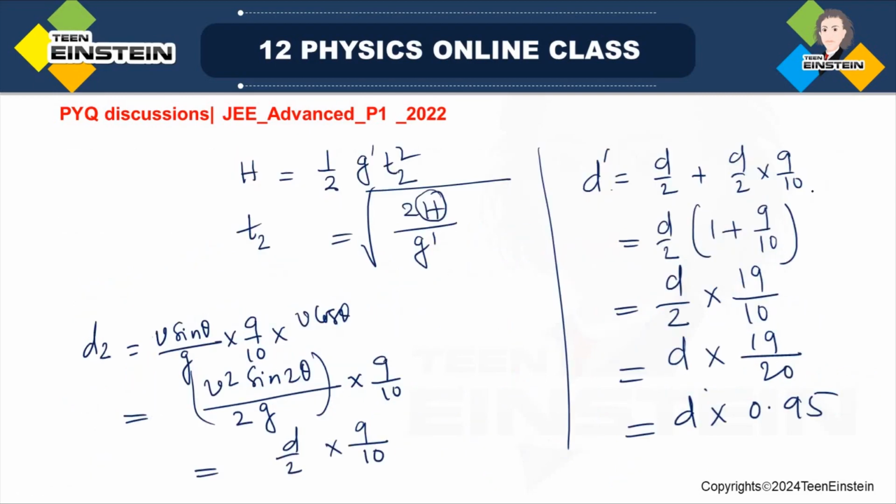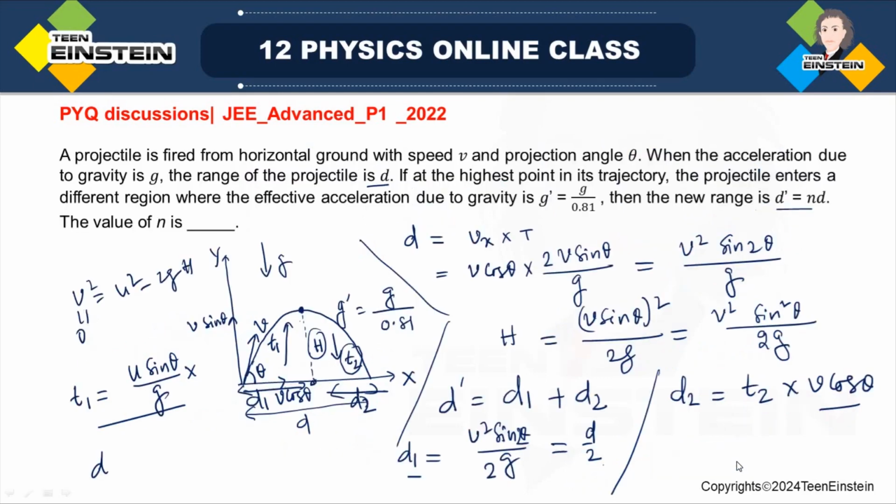So I have got this into d. So if I compare, then I'll get n is equal to 0.95. Okay, so the value of n is 0.95 here. This is the answer for this question.